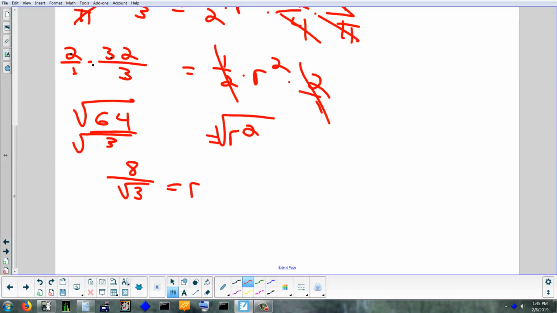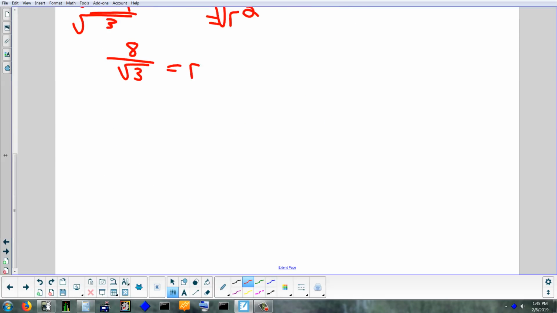So, other than the square root in the bottom, that is the answer. We just have to fix the square root in the bottom. Does anyone remember what you multiply by to fix it? Square root of 3 over square root of 3.